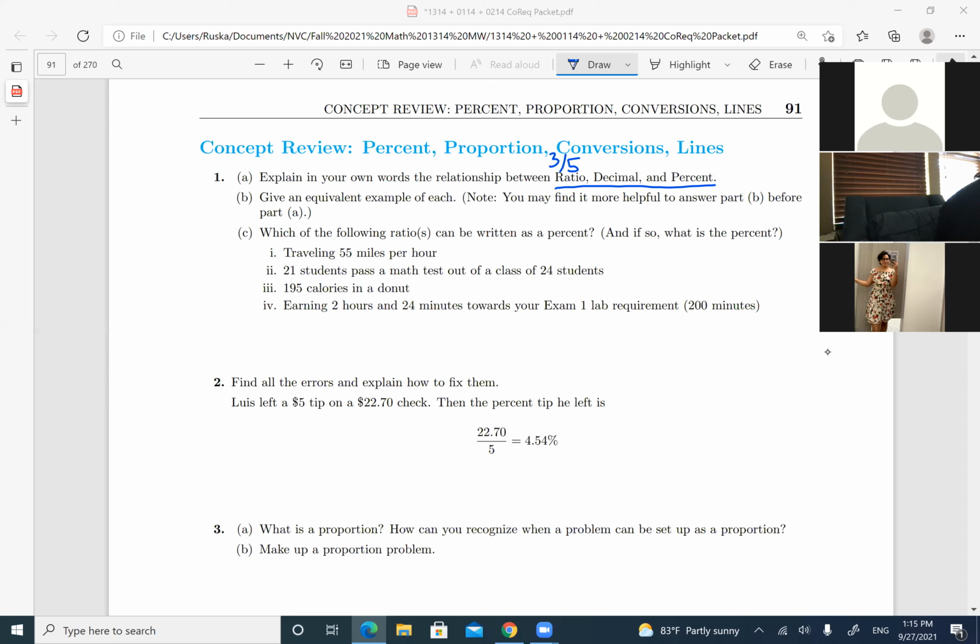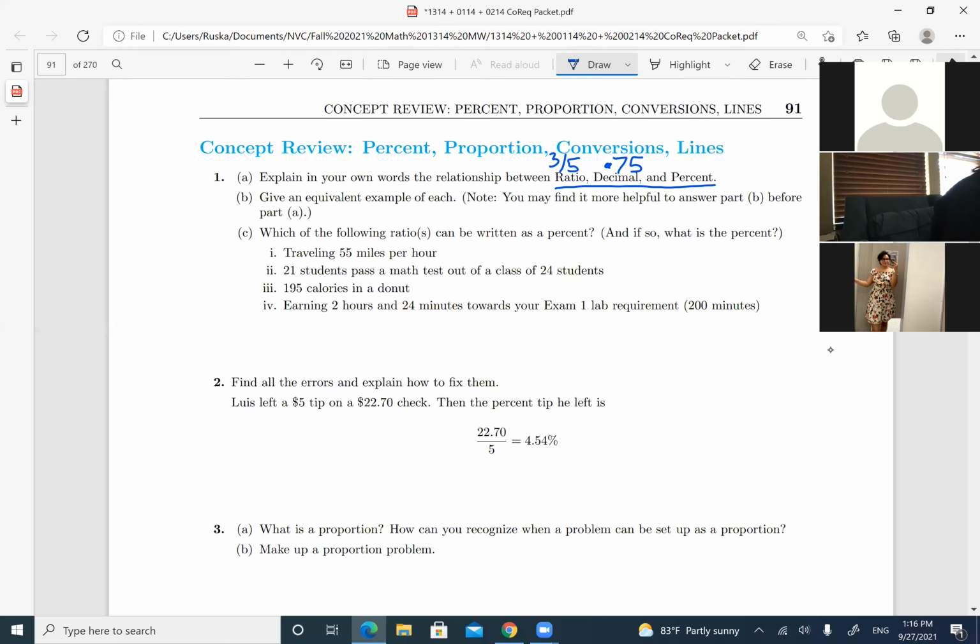Which one is a decimal number? Give me an example of decimal. Somebody said 0.75, 0.25. Yeah, that's right. Like 0.75, it's an example of a decimal number.